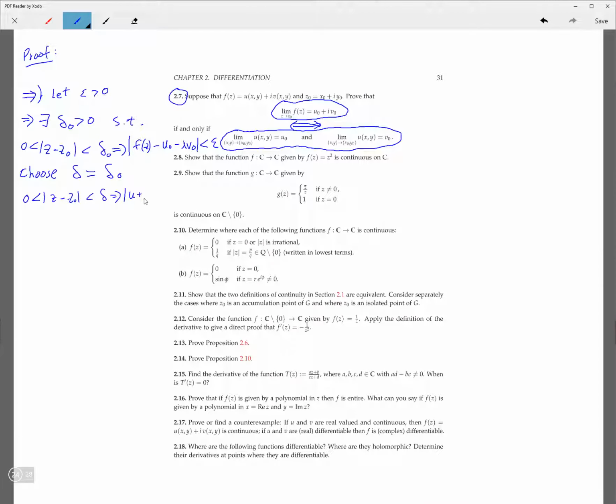So f of z is u plus iv, right? So that's going to be less than epsilon. But that implies that this right here, u minus u naught plus i times v minus v naught, is less than epsilon.